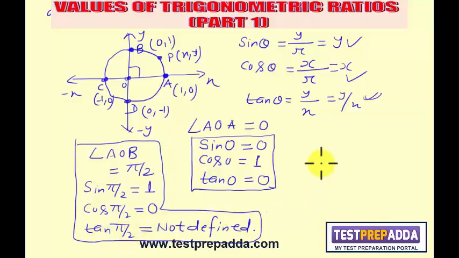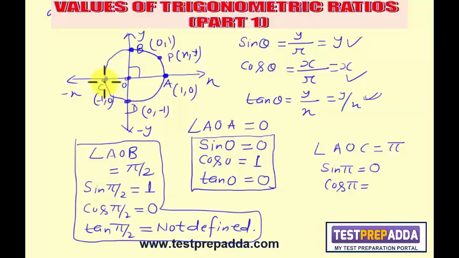Okay. Now angle AOC. What is that angle? Pi. Okay. So what will be sine pi? What is the y coordinate over there? Y is 0. Sine pi is 0. Cos pi.